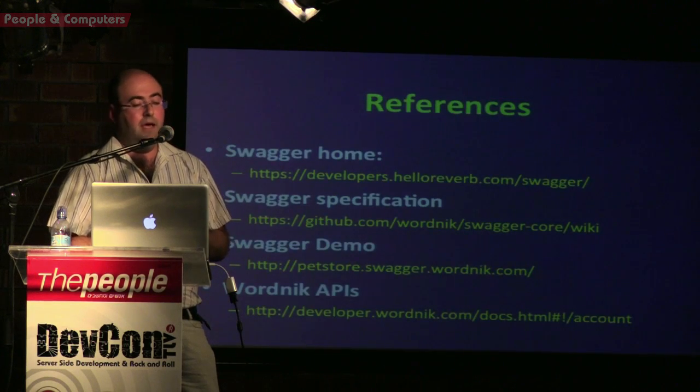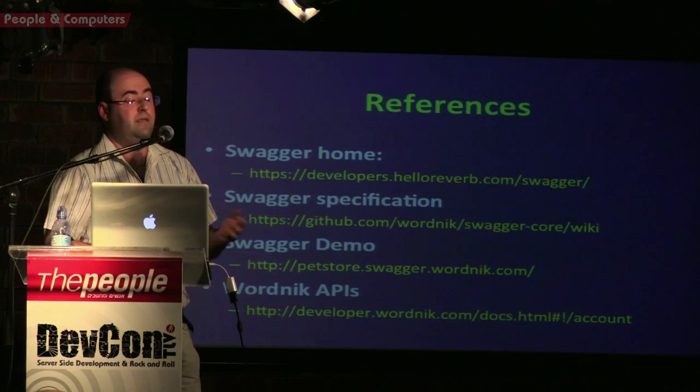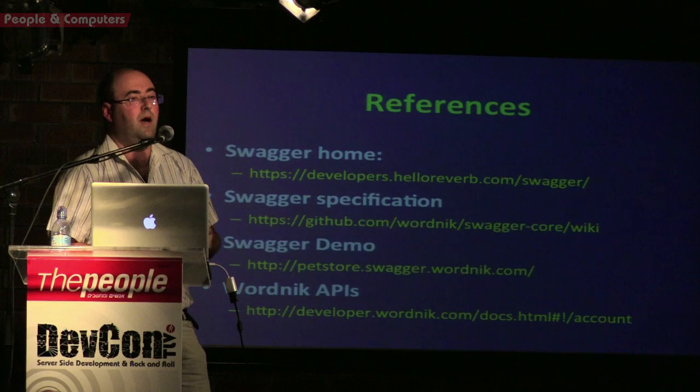As for the references, I can point to Swagger Home. There is a bunch of documentation. There are Swagger specification details on the Wordnik GitHub account. You can see there are many tutorials for various server-side frameworks.